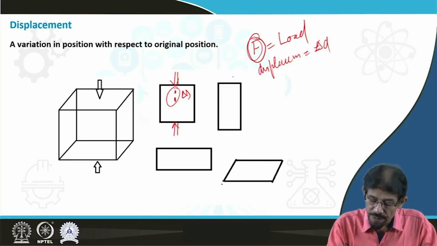Suppose we put two points here. This point was initially like this, but now shows this type of extension shift.